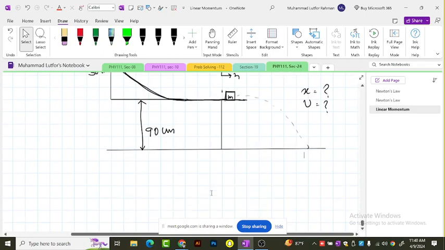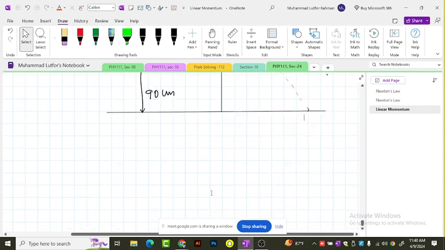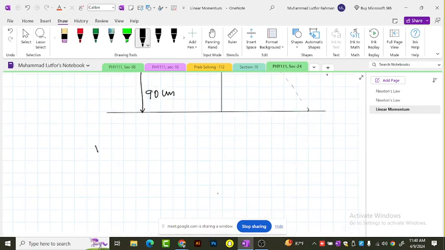All right, to find out that velocity, I'm going to use the equation I gave you. Remember, V1F equals (M1 minus M2)/(M1 plus M2) V1I plus 2M2/(M1 plus M2) V2I.